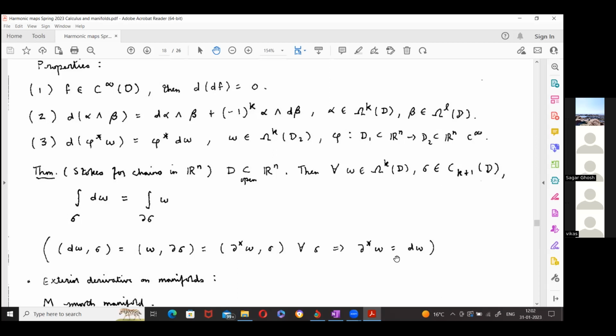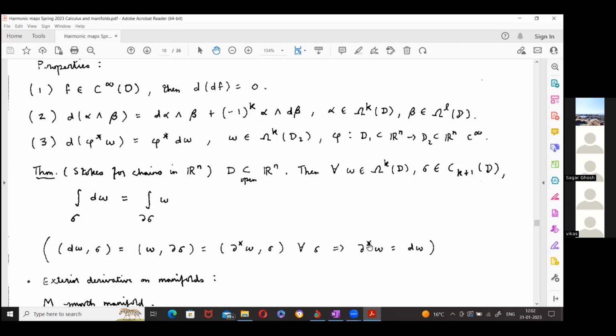And from this, you can see that d squared is going to be 0 for any form, right? Because d squared will be del star squared. And so that will be del squared star, and del squared is 0. So its dual is 0. Okay. Is that clear? So d squared will be 0. That follows from the fact that d is equal to del star and del squared is 0.